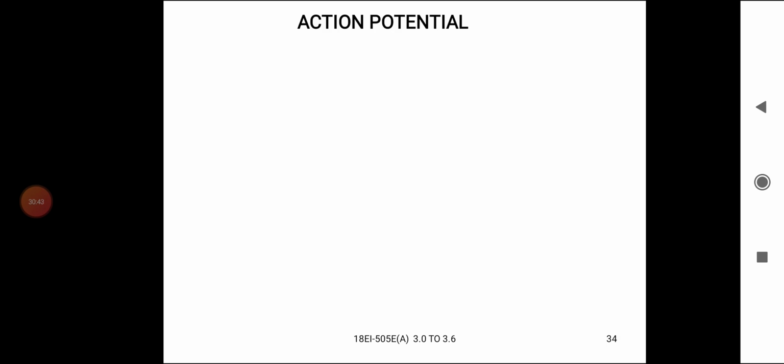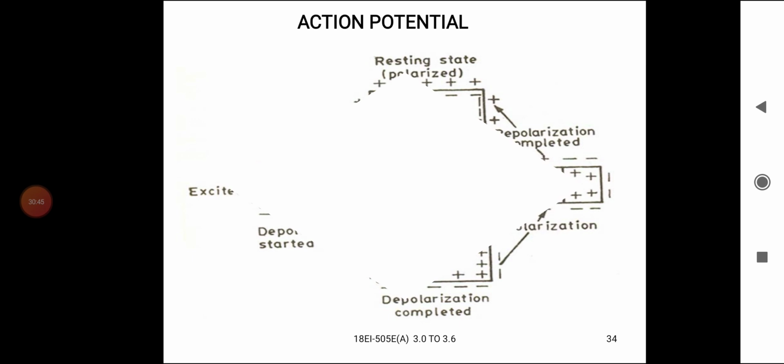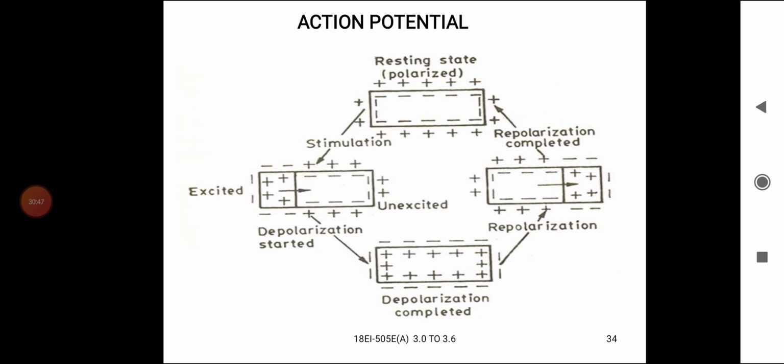Action potential. In the resting state, the cell is said to be polarized. Outside, the exterior has positive charges, and inside the membrane the cell has a negative charge.